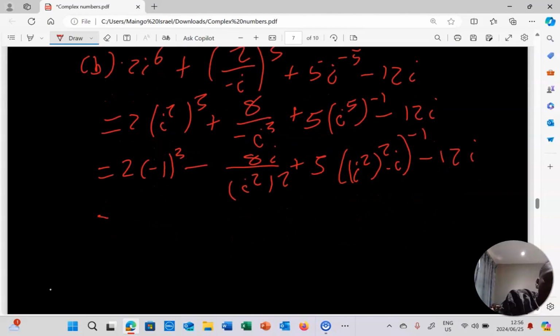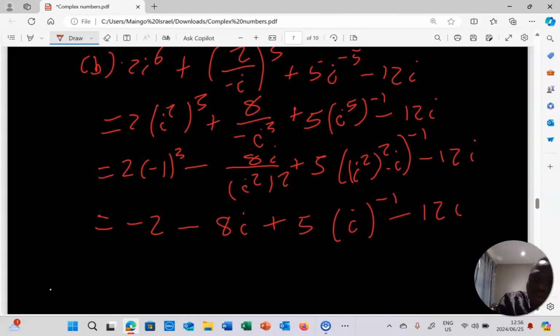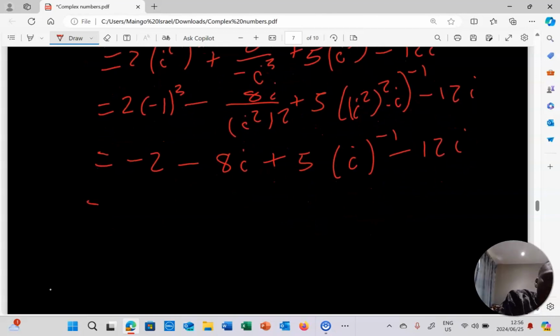So this would be equal to -2, then minus i to the power 2 is positive, then it's just minus 8i, then plus 5, then this one is -1 to the power 2, which is i to the power -1, minus 12i.